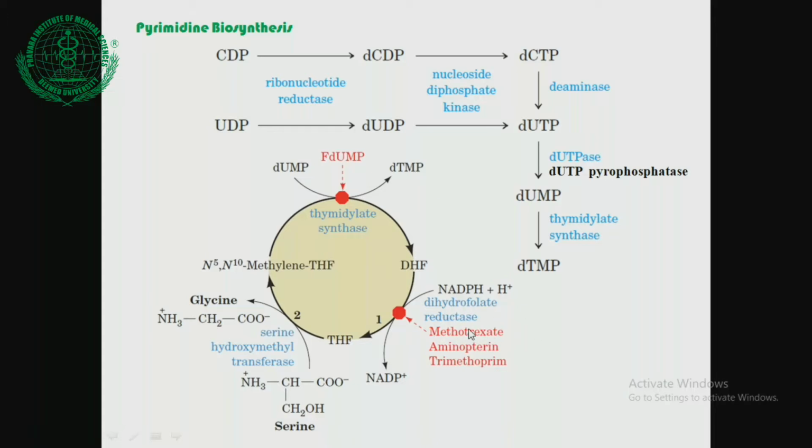Similarly, methotrexate more or less irreversibly binds to the next enzyme, dihydrofolate reductase, and blocks the conversion of dihydrofolate into tetrahydrofolate.